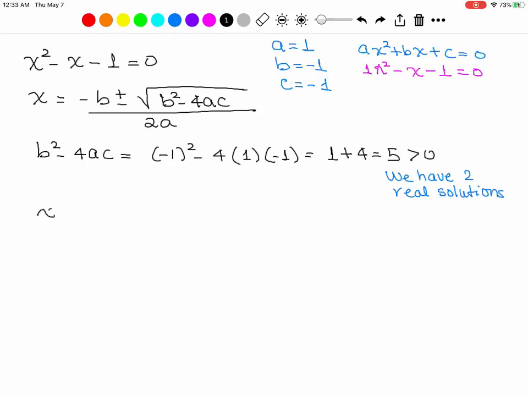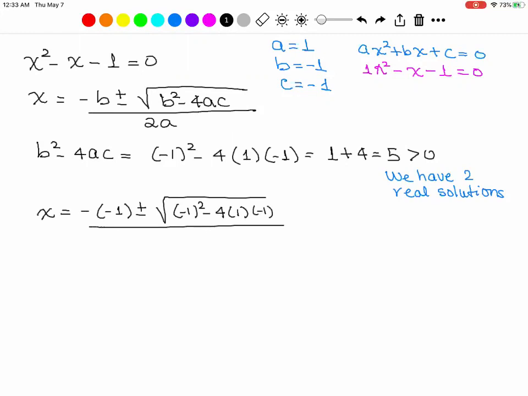So now let's find those solutions. What do we do? So then x is equal to minus b, which is minus minus 1, plus minus root of minus 1 square minus 4ac over 2a, which is 2 times 1.